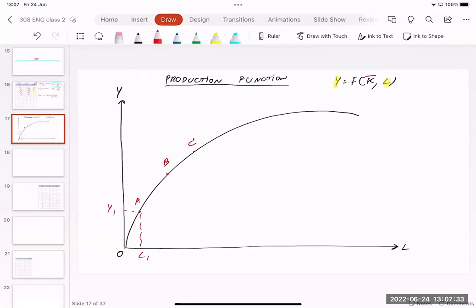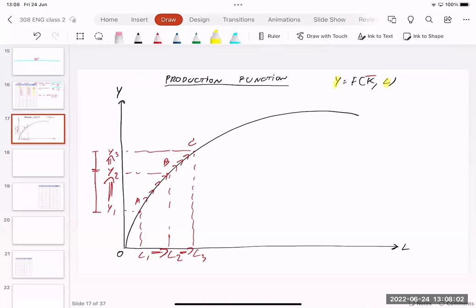Moving from point A to point B, you're adding one labor into the economy from L1 to L2, you can produce a lot more. The gap here is very high. However, you keep adding one labor into the economy from B to C, from L2 to L3. This time you can produce more, but the gaps become smaller.